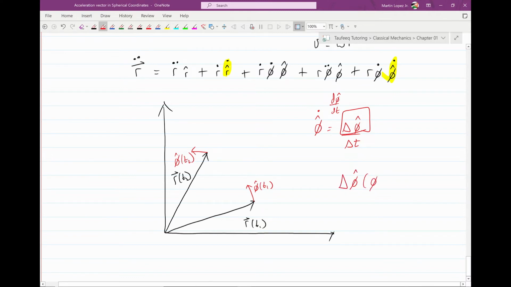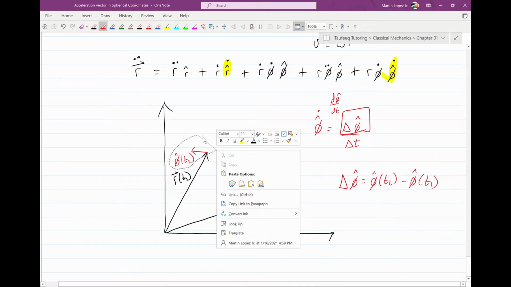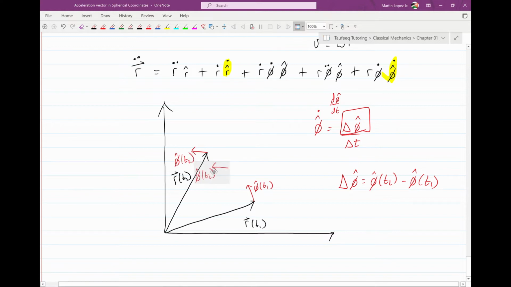So this is going to be phi hat at t2 minus phi hat at t1. It's kind of hard to see what that would look like in this picture because they're so far away. What's really nice about having this touch screen is that I can just move this here, and I can see that delta phi hat looks like that.